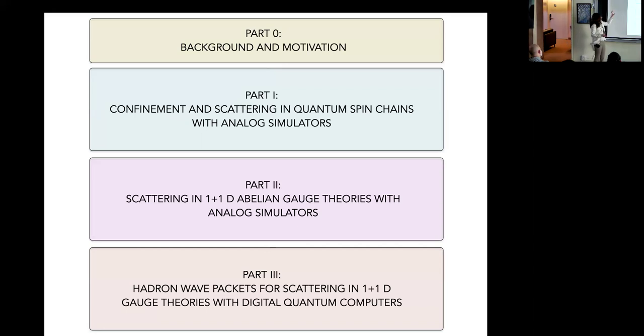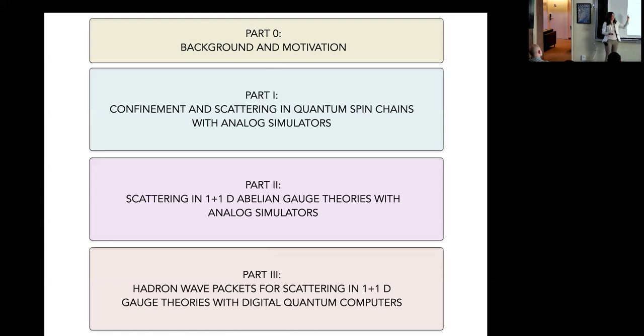Then I'm going to talk about part 1, which is studying confinement and scattering already in spin systems. These are systems that are pretty easy for current analog quantum simulators, but also digital quantum computers. There's a huge community out there investigating spin Hamiltonians and spin models. Can we do scattering processes with spin models? The answer is yes, and I'm going to tell you about that.